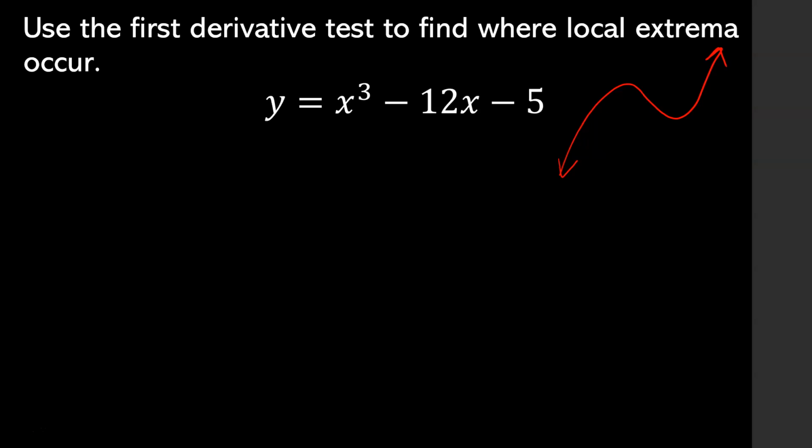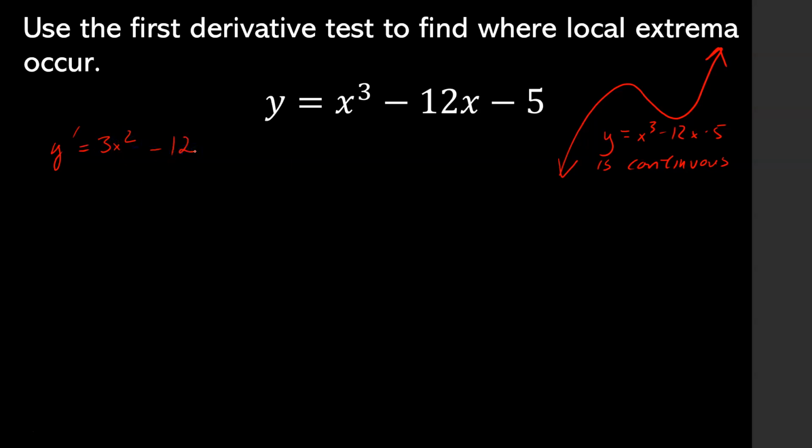So we're given a polynomial. Polynomials are continuous and differentiable everywhere. So maybe we want to say that y equals x cubed minus 12x minus 5 is continuous. Okay, so y prime is equal to 3x squared minus 12.